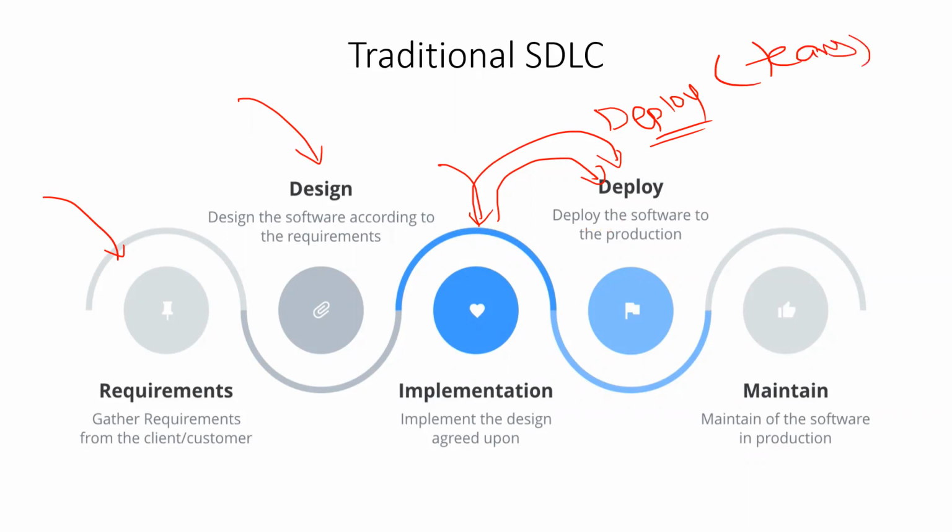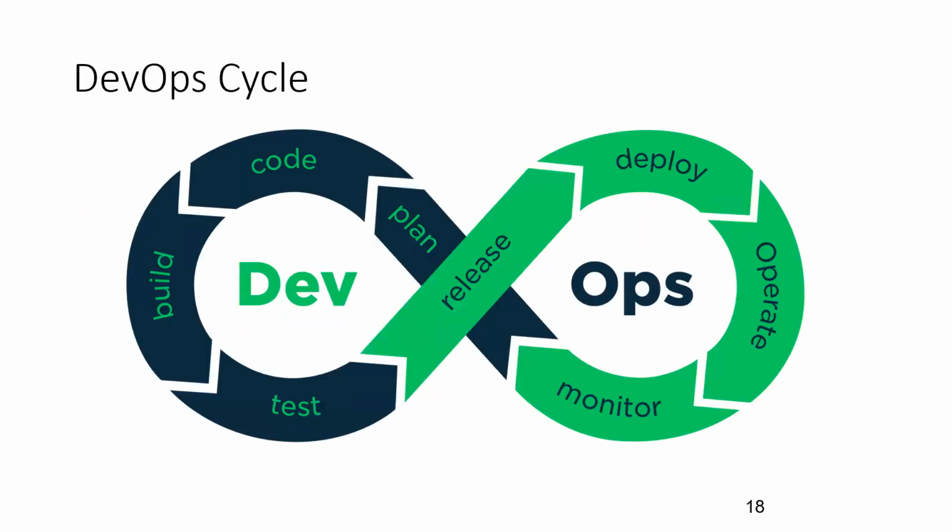Now the world is changing. In the world of DevOps, you take planning, coding, building the application, testing the application, releasing the application, deploying the application, operating the application, and monitoring the application for health issues. Typically planning, coding, building, testing is done by the developers. Partially release also happens by developers, and then the operations team will take over the deployment, operations, and monitoring.